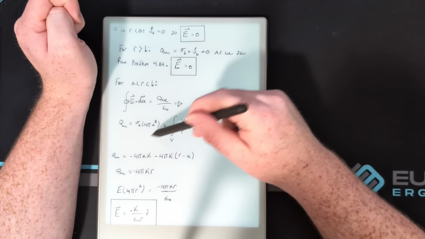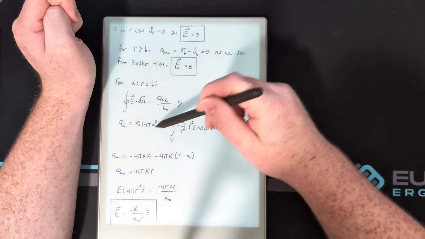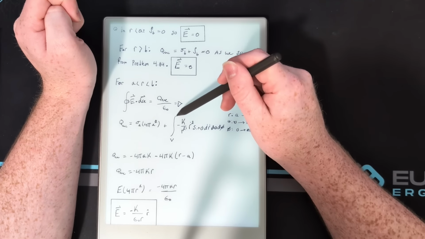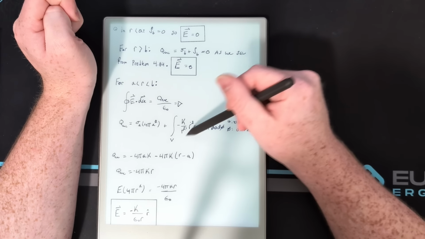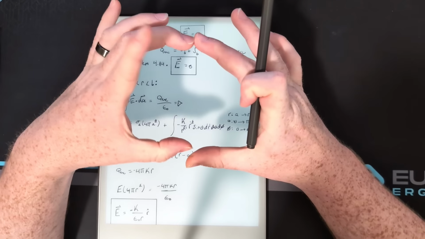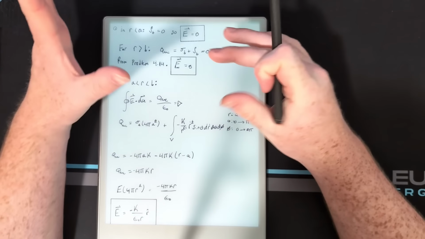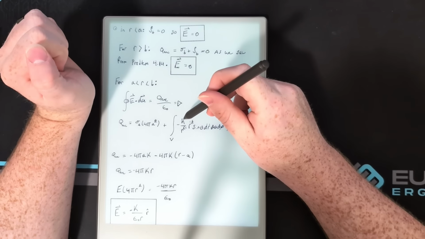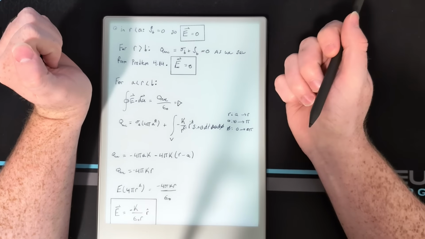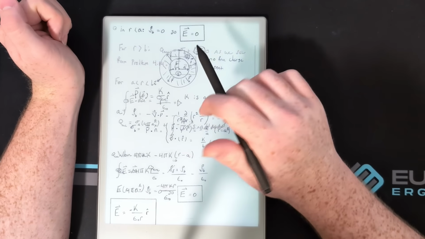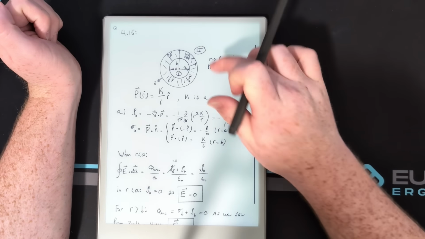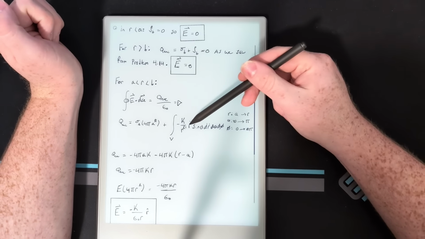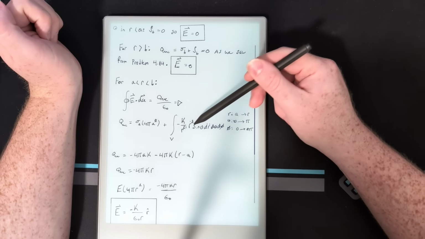That's the total charge on the surface of A, plus the integral of the volume bound charge over the volume of our Gaussian sphere. That's minus k over r squared, which is what we derived for the volume bound charge, and then we're integrating that with the volume element.